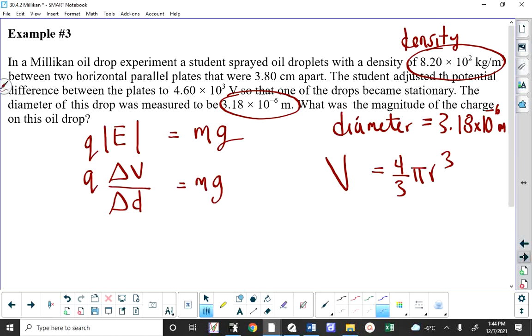I didn't think so. I would say that if you were ever given a problem where you had to use this method to find the mass, you would be given that formula as part of the question. I would certainly give it to you. So the first thing I would like everybody to do is calculate the volume. You're going to have to take the diameter and divide it by 2 before you use the volume formula, because the volume formula is for radius.